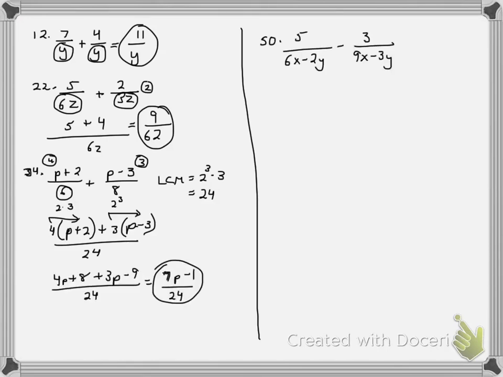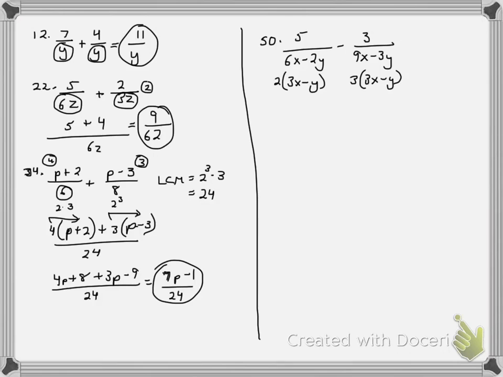Remember that unless they're the same, you need to be able to factor these denominators to be able to identify what's the least common. So I'm going to factor this by a 2, and I'm going to get 3x minus y. I'm going to factor this by a 3 and get 3x minus y.